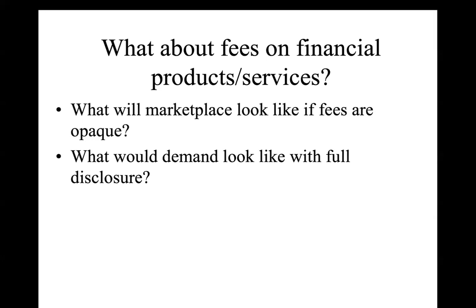What would demand look like with full disclosure? Kind of the same thing we just talked about again with restaurants. There's going to be a reallocation of resources in the marketplace where it's much more difficult for low quality providers to continue to exist, for low quality products to continue to exist.